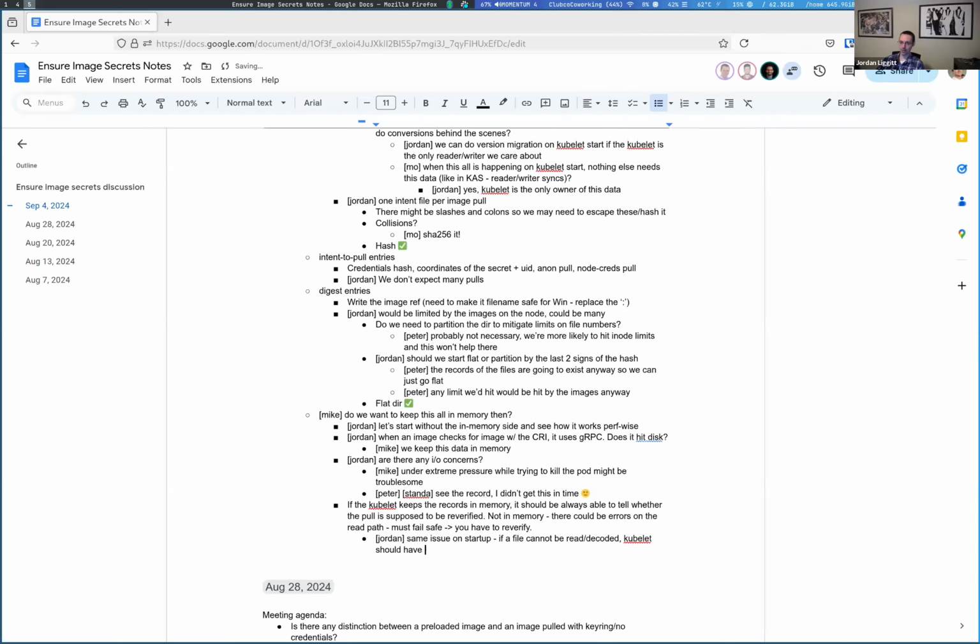So re-verify. And so we clean up the error state, whether it happens at startup time when we're populating our in-memory stuff, or per check if we're going direct to disk and fail for some reason. Any error should just re-verify the image.